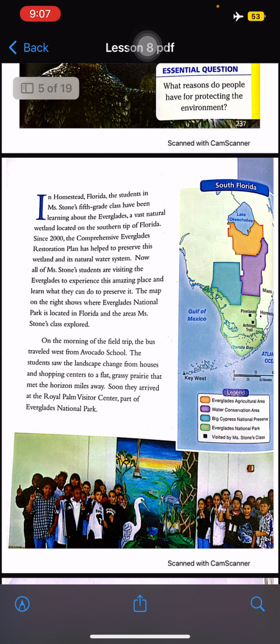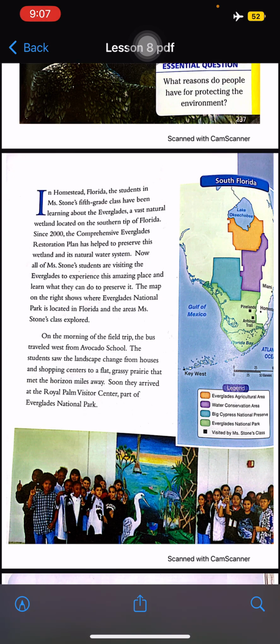In the first page we find that Miss Stone, a teacher for the 5th grade class, has been learning about the Everglades. It's a vast natural wetland located on the southern tip of Florida.